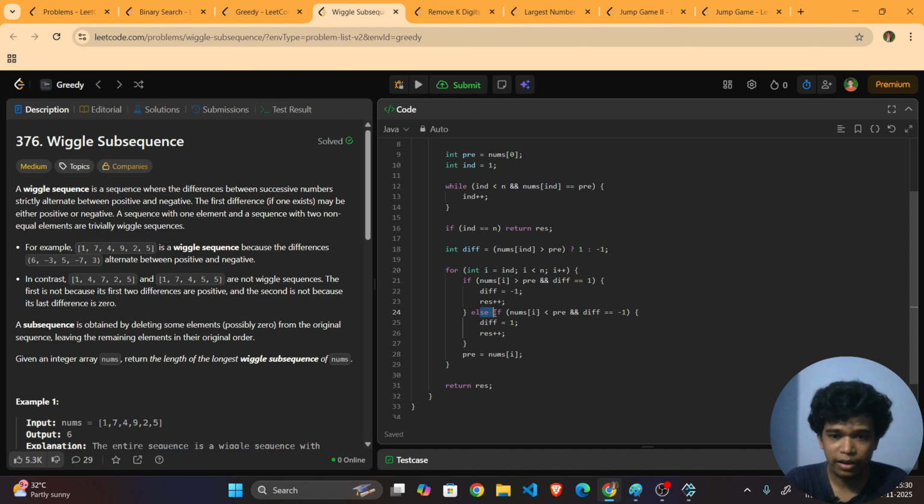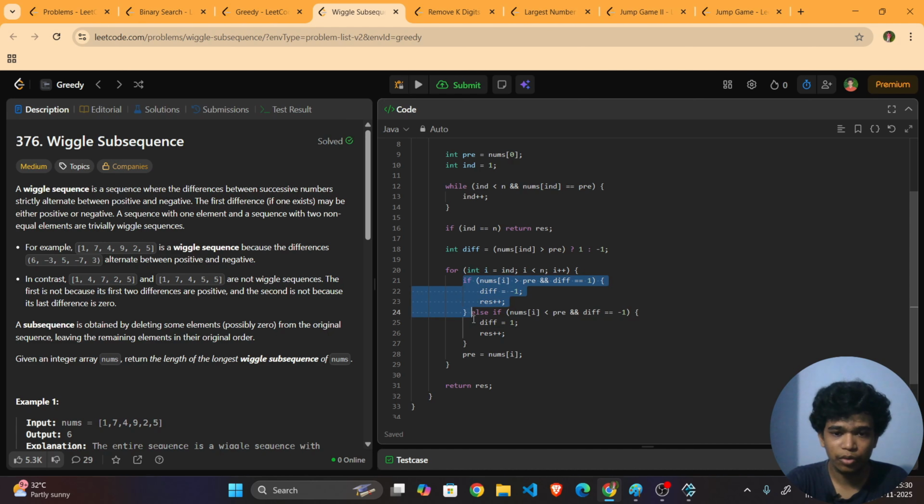Else, I'm checking whether the current element is less than the previous element. If it is so, and also my flag variable is needing a decreasing curve, then I'll be making my flag variable 1, which means in future we need again an increasing curve, and also result will be +1.